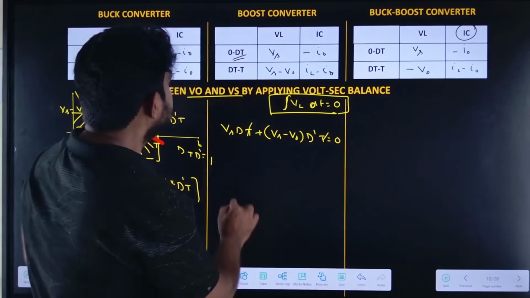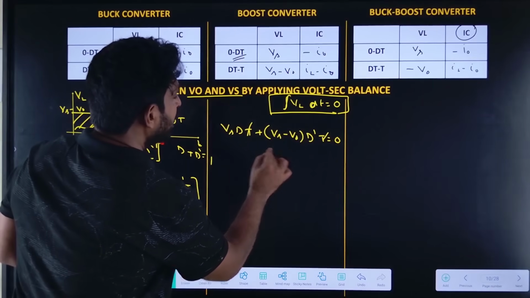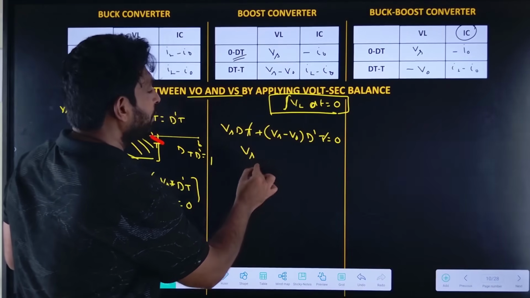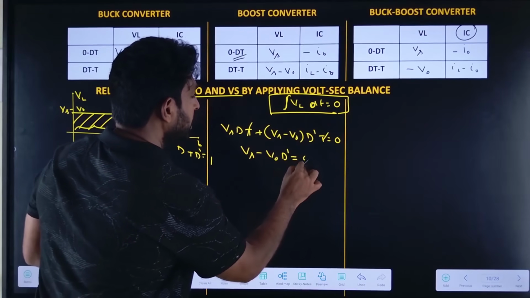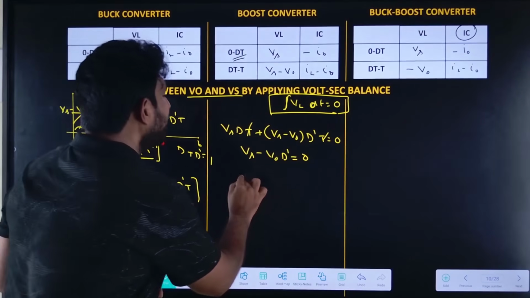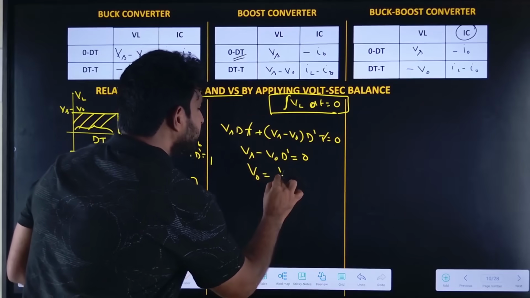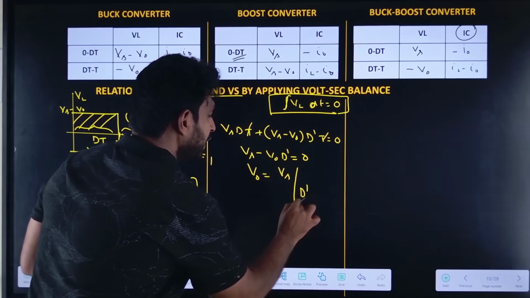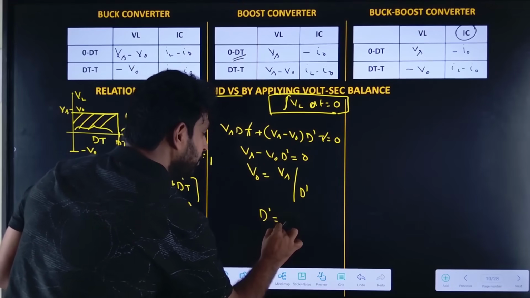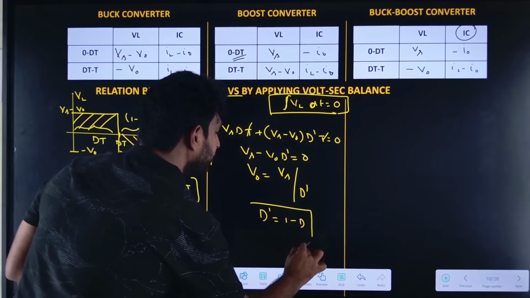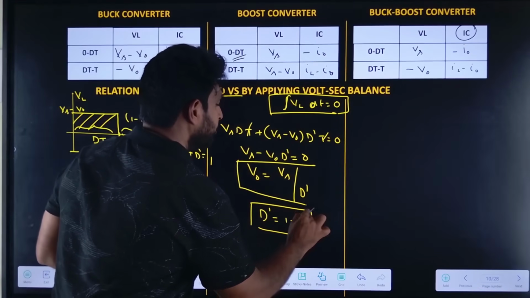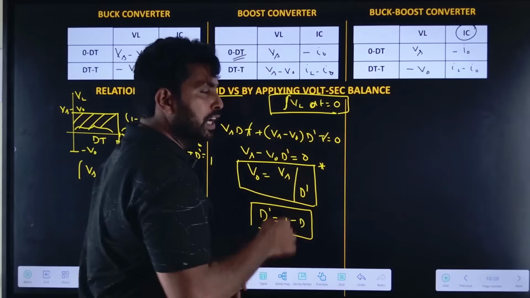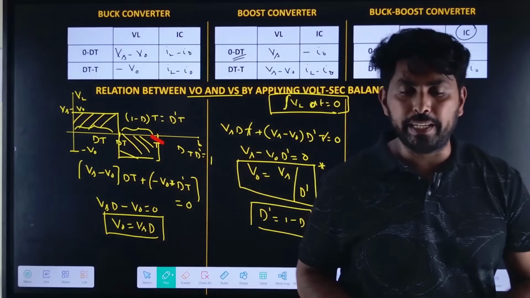So it will be Vs minus V naught into d dash. So from that, V naught equal to Vs by d dash, where d dash equal to 1 minus d. Right? So V naught equal to Vs by d dash.